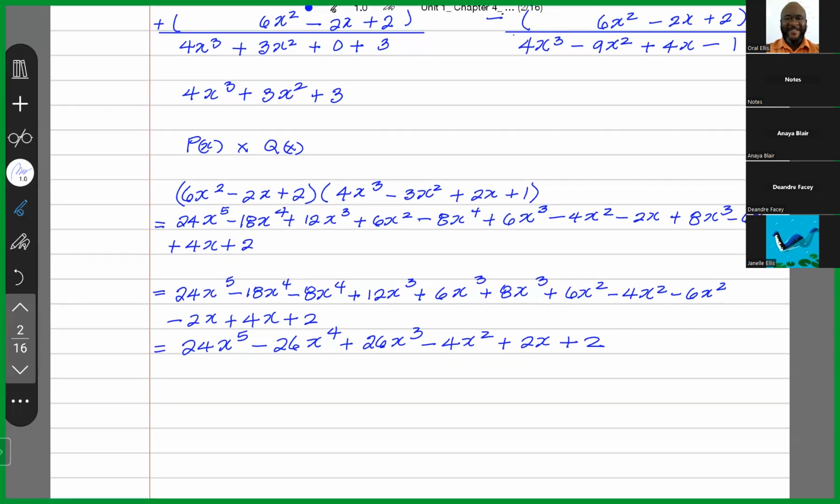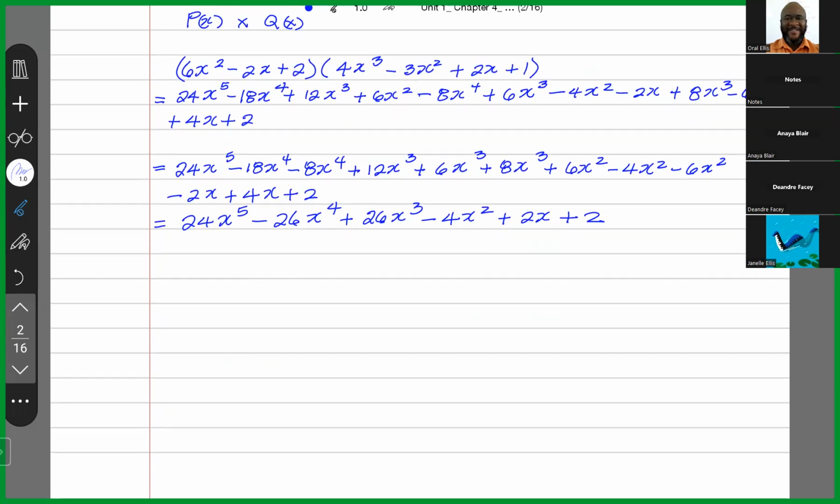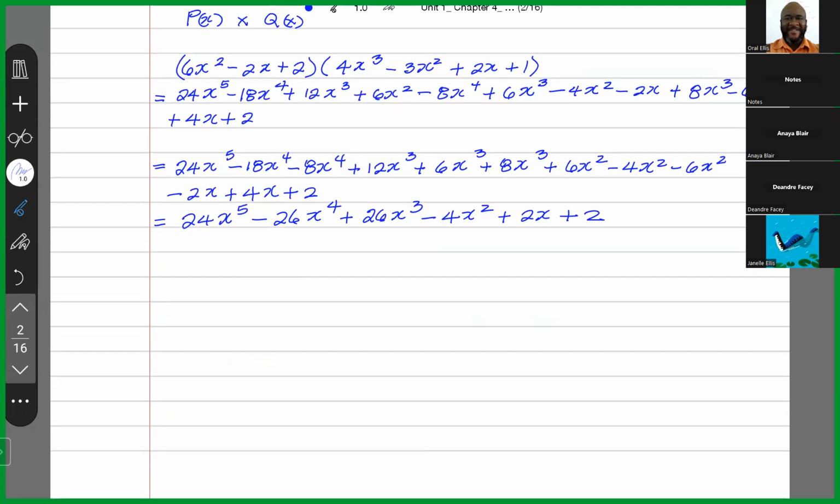All right, so the last part of this question now is for us to divide P of x by Q of x. Of course, this is a long division.